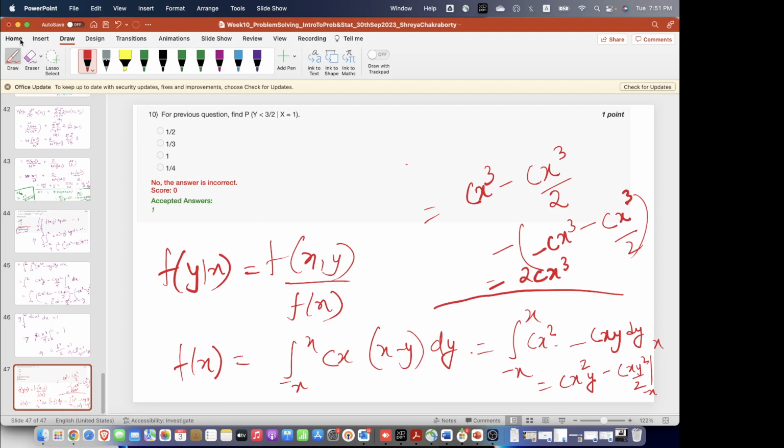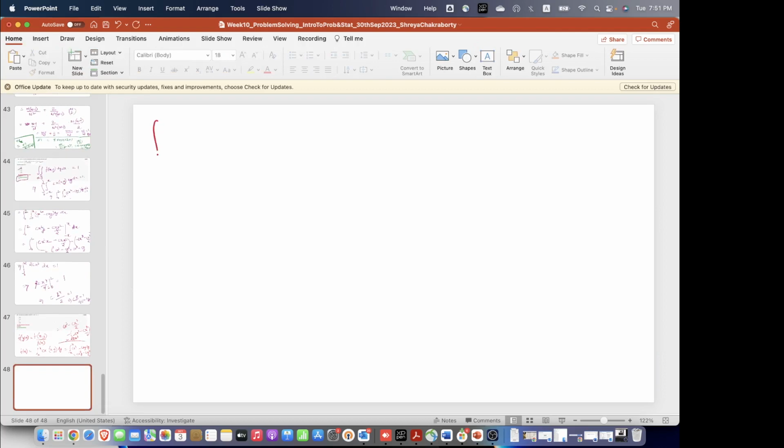So now once this is the marginal, f of y given x is given by f of xy by fx.